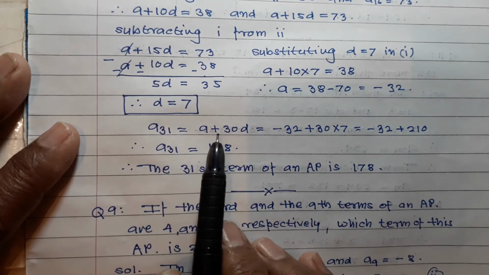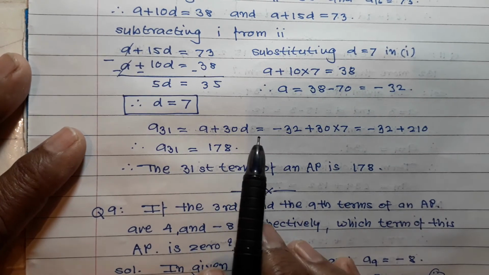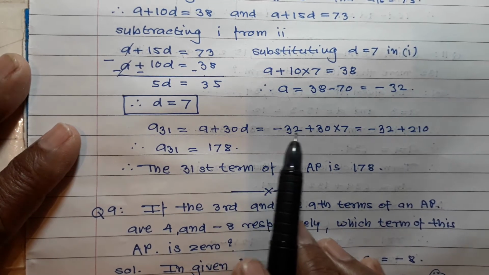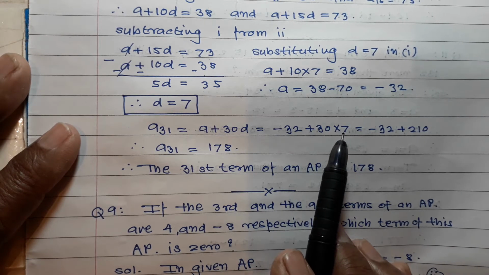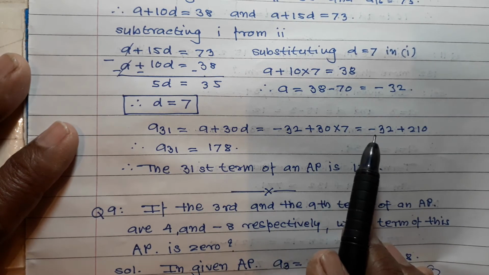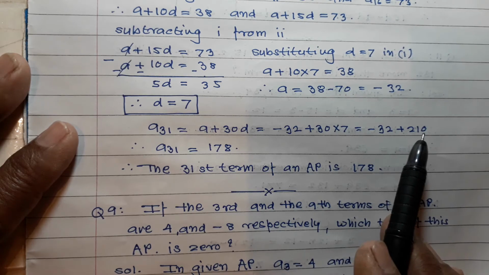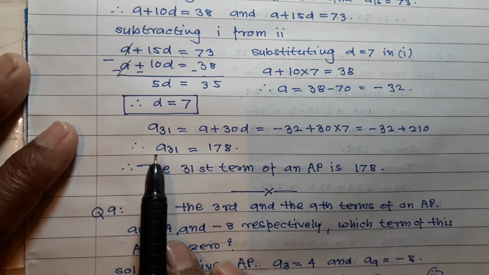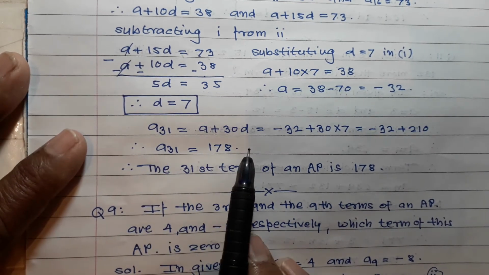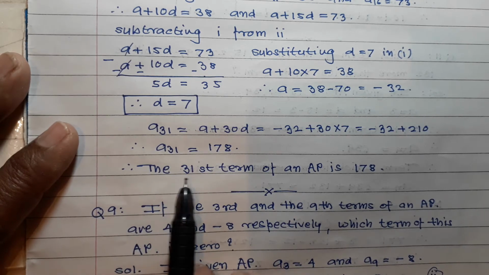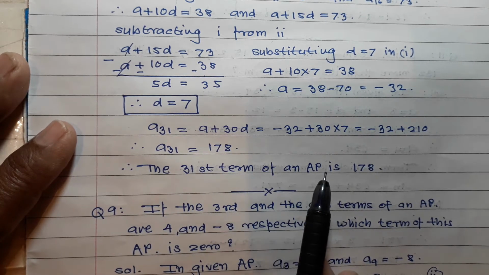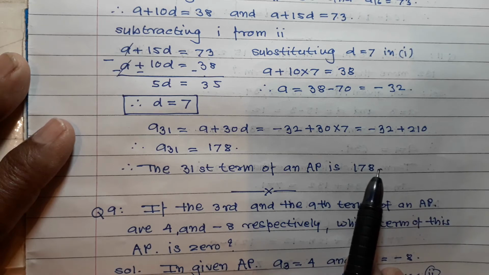A31 is equal to A plus 30D is equal to minus 32 plus 30 into 7 is equal to minus 32 plus 210, which is equal to 178, and hence the 31st term of the AP is 178.